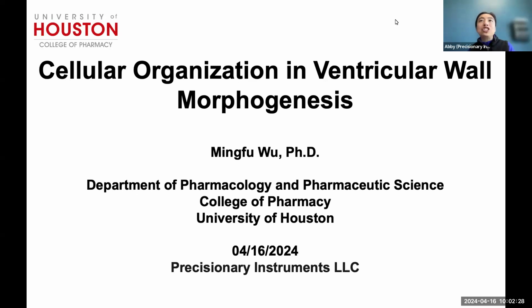So his lab uses genetic, developmental, and cellular tools to investigate the etiologies of cardiac malformations and explore potential therapeutic interventions. And in this morning's webinar, Dr. Wu is going to dive into the fascinating world of cellular organization, or morphogenesis, in ventricular wall morphogenesis, shedding light on how disruptions in cellular organization can lead to congenital heart defects.